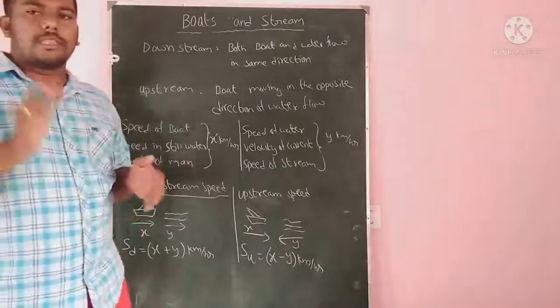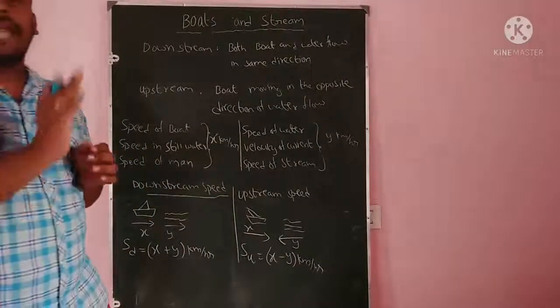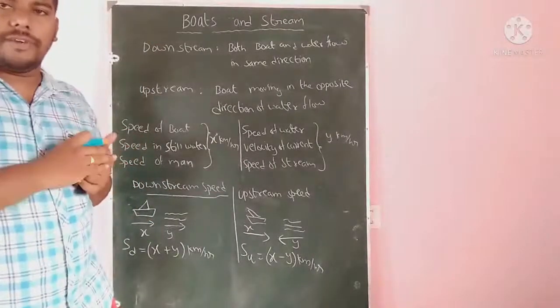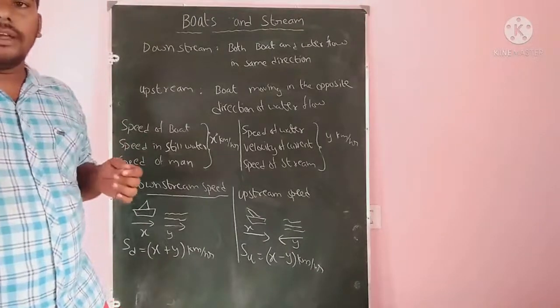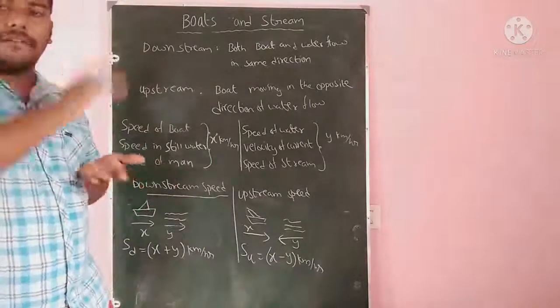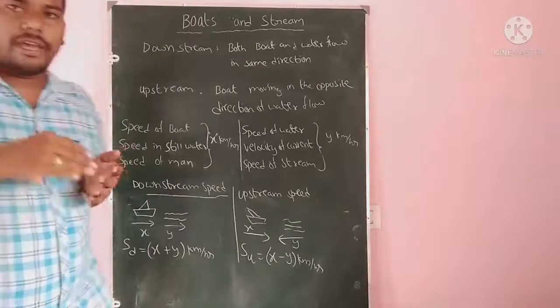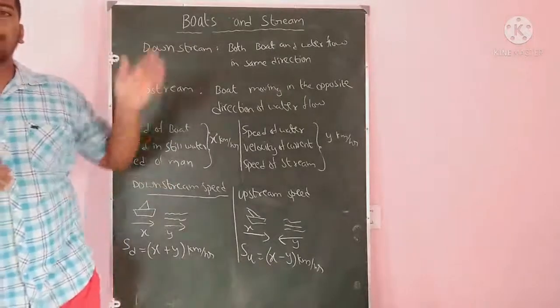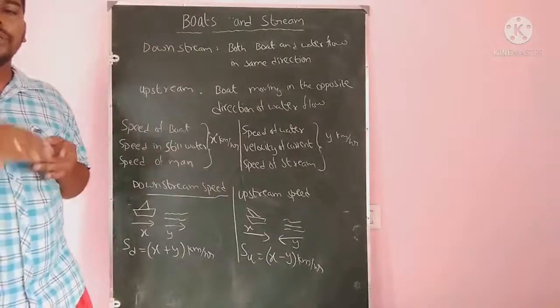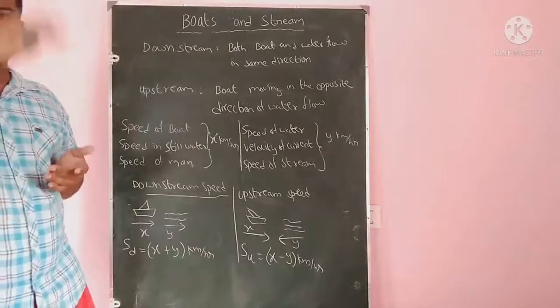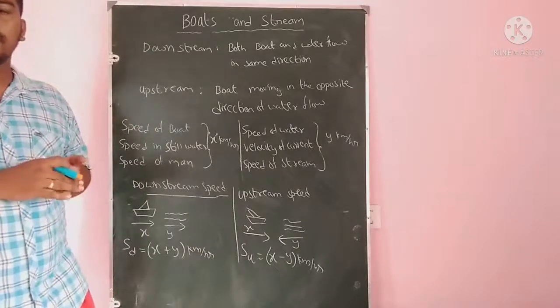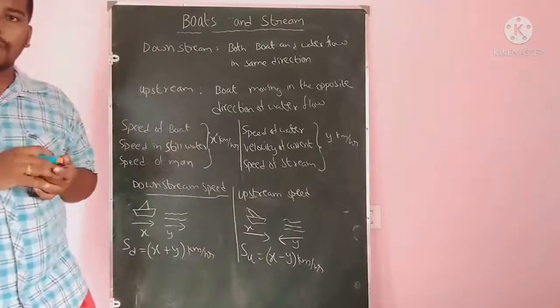We can understand this with an example. Suppose to climb a hill, it is somewhat difficult. Why? You are moving opposite to the gravitational force. In the same way, if you want to come from the top of the hill to the bottom, it is very easy because you are moving in the same direction as the gravitational force.